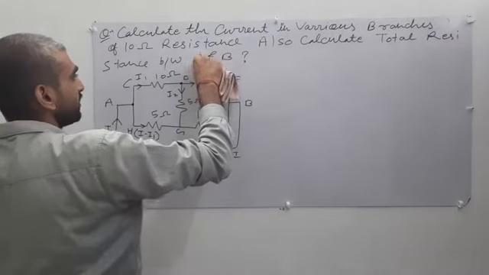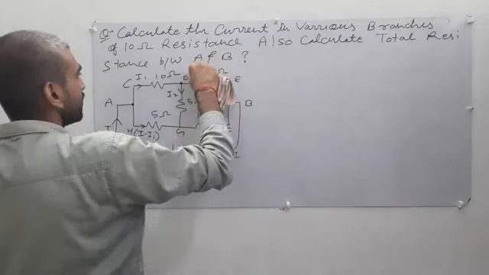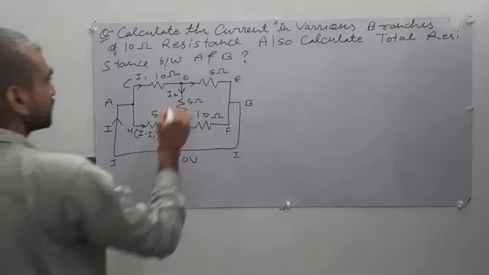In this branch the current will be I1 minus I2.